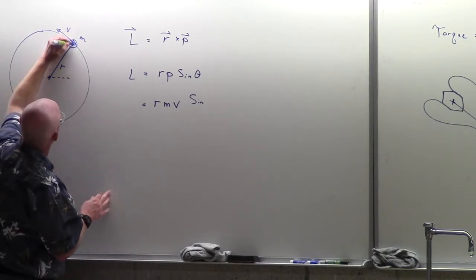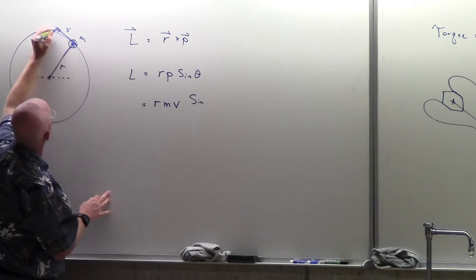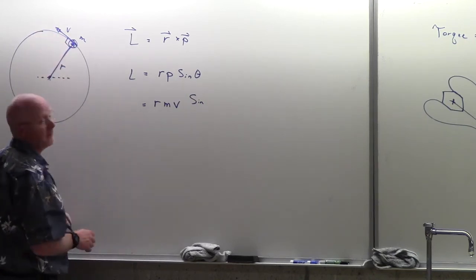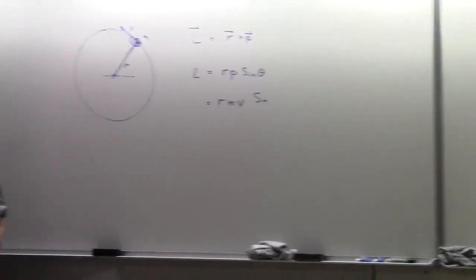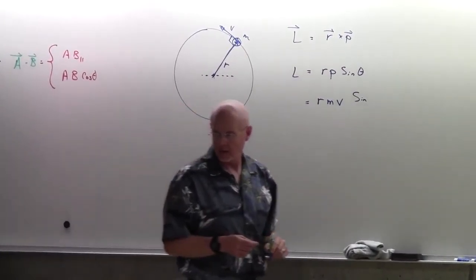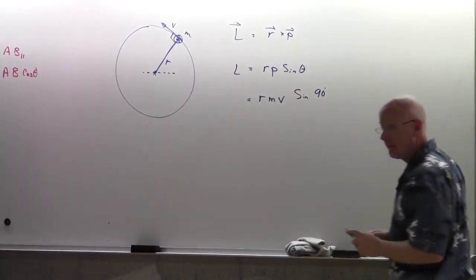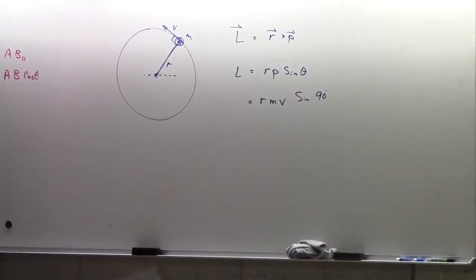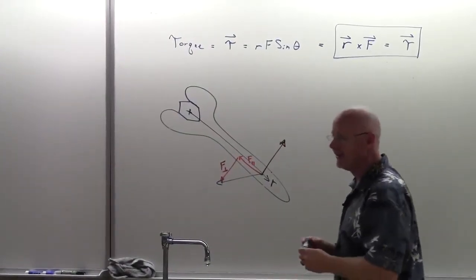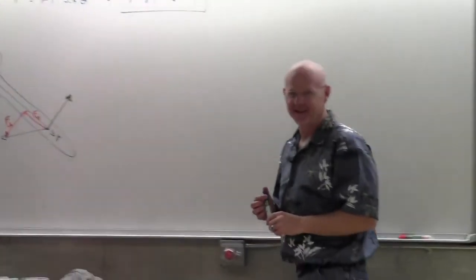Well, there's r, and there's p. And that's the angle between them. And as you pointed out, it's always perpendicular. Oh, it's not always going to be perpendicular. Oh, no? No, it is this time. Because I told you this is the easy one. Okay?